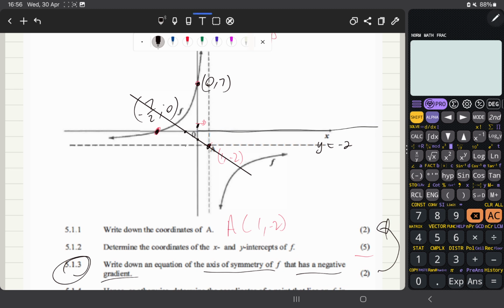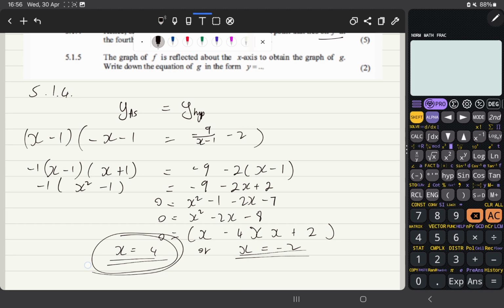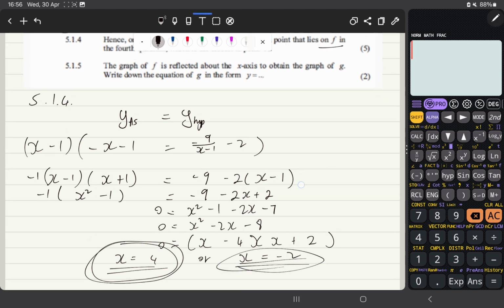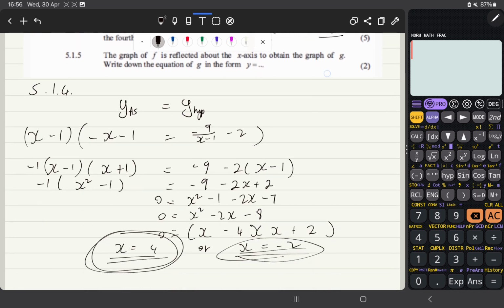So the values of x here are positive. That means this is the value we're going to focus on, and we're going to ignore this one because it's either in the second or the third quadrant.